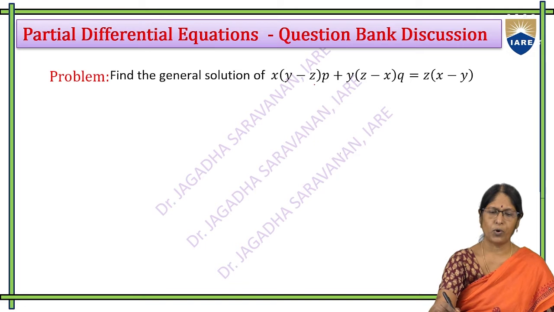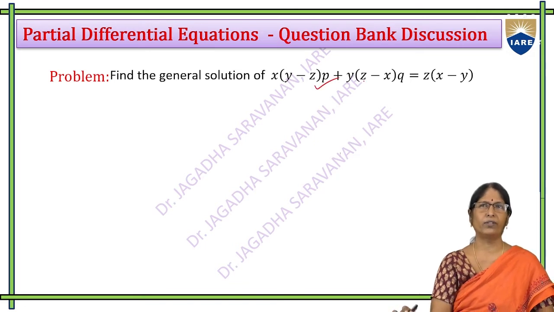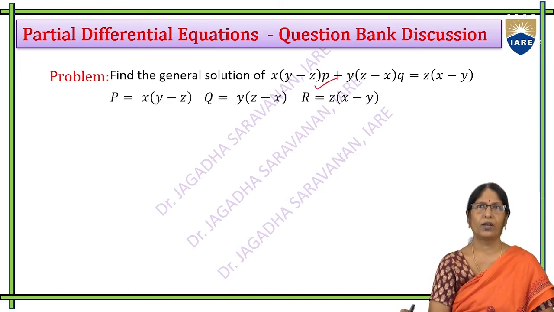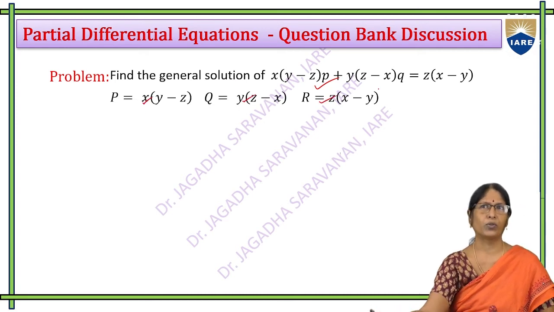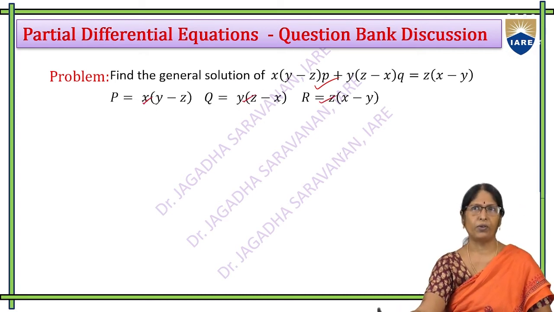So the next problem, in a similar manner, we can see the important steps. So we are obtaining P, Q, R, because it is in the format of Lagrange's linear equation.